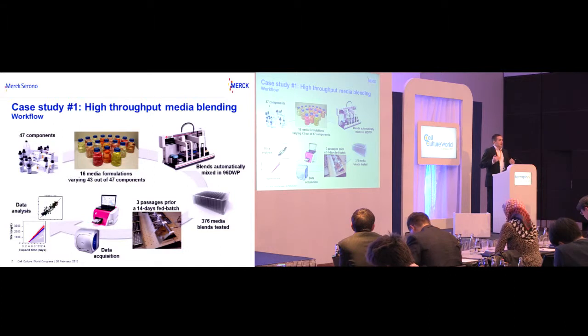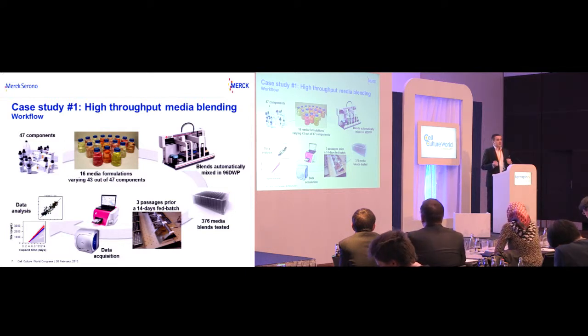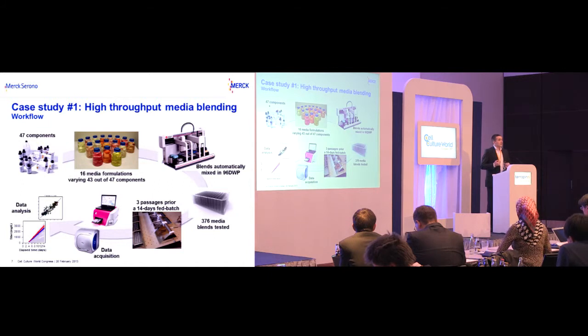This is based on literature and on previous experience, and then we have to design the 16 formulations. This has been done randomly, but to avoid correlation between the components when you are evaluating your 400 media blends, we have designed about 80 sets of 16 media formulations.